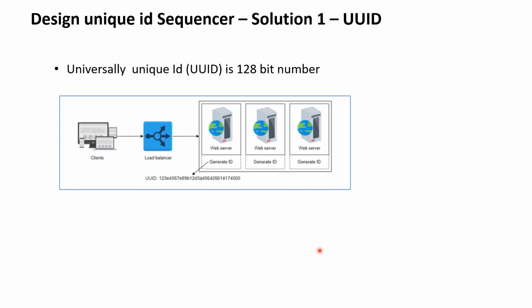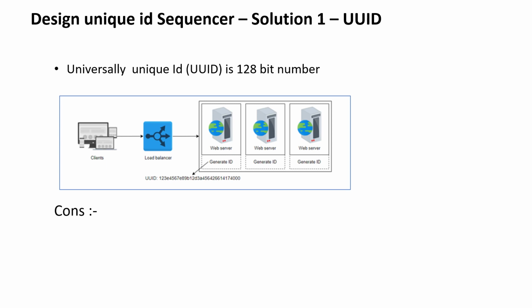That's a function they have inbuilt, so that can be utilized. Suppose one request goes to web server one, it can generate a unique ID and assign it to that event. Similarly, the other server can do the same, right? So this is one way to generate unique IDs and use them to distinguish the various events.